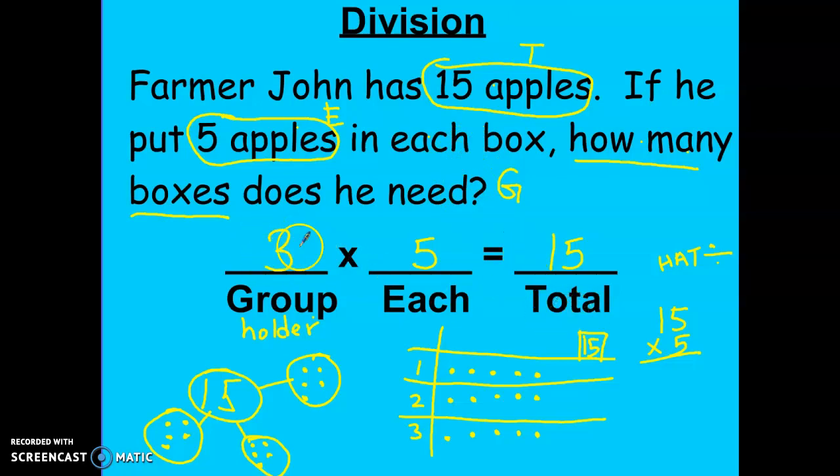And therefore I know 3 is my correct answer. Not 15, it's 3 because we're looking for the group. And of course, eventually we would like our students to write 15 divided by 5 equals 3 boxes. That would be our answer.